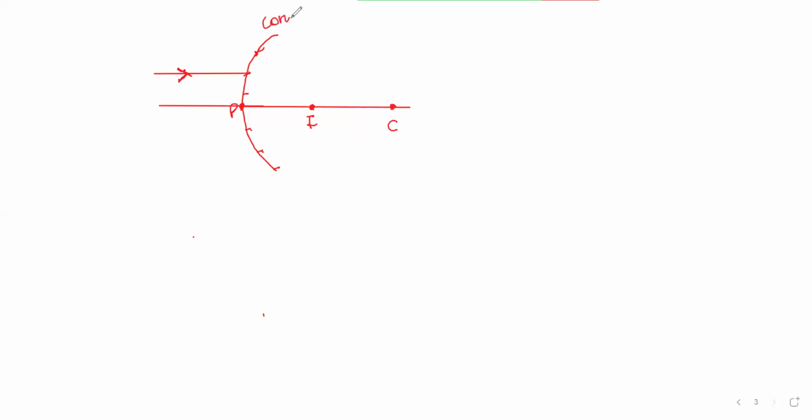It diverges. So the reflected ray must be diverted, but the diverted ray always appears to be directed from a point behind the mirror, and that is F. So the reflected ray, which is diverted, always appears to be diverted from this point.